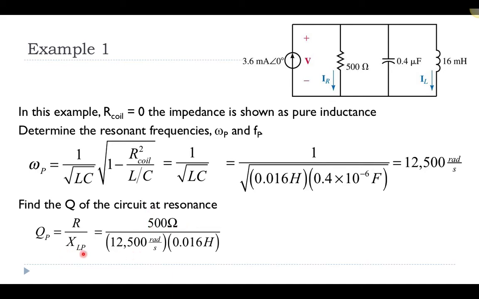I can figure out the inductive reactance because it will be 12,500 rads per second times the inductance, and I end up getting 2.5. So my quality factor is 2.5. And remember, the quality factor is going to tell us something about how the maximum current through the capacitor and the inductor is related to the current of the source.